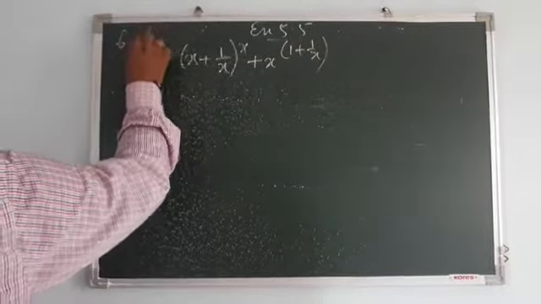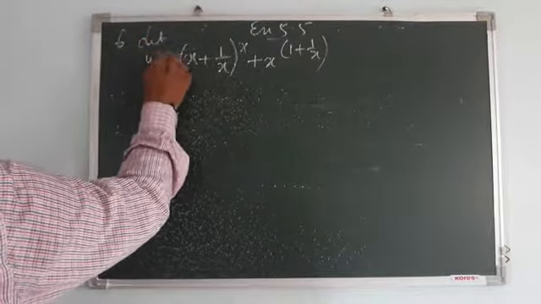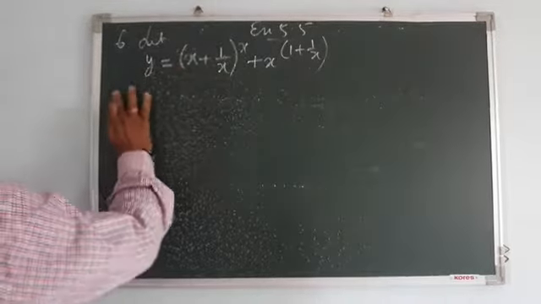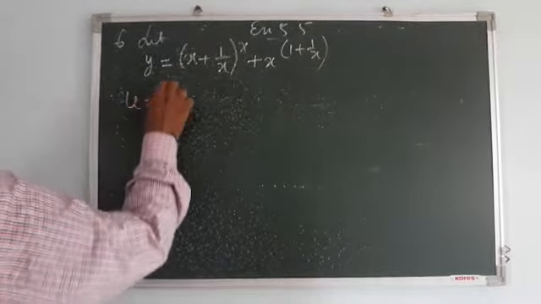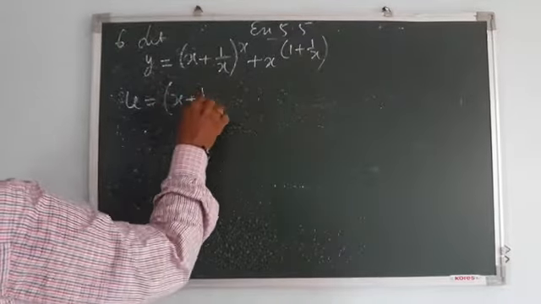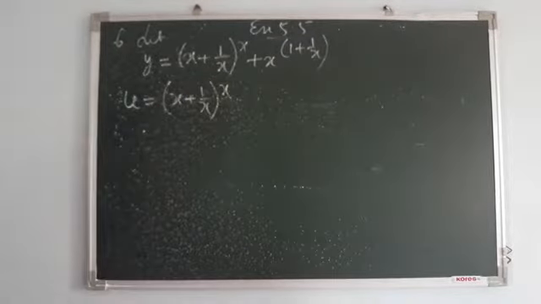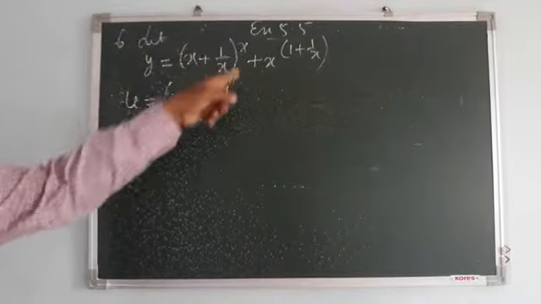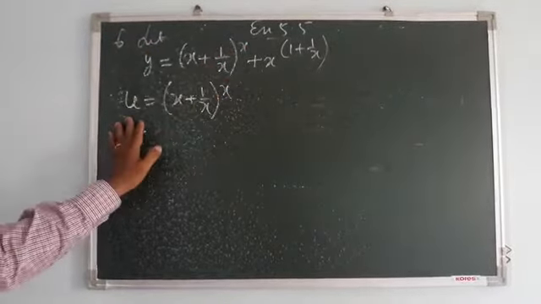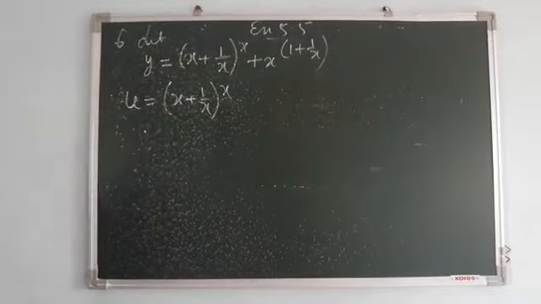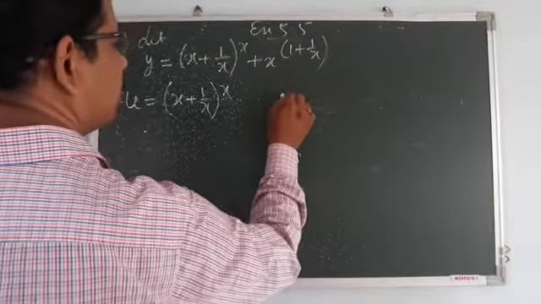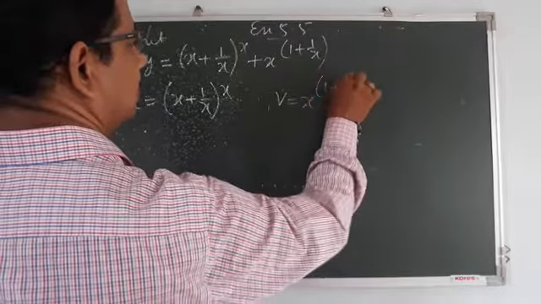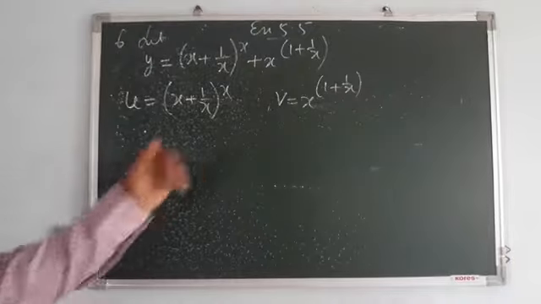So of course you take let y is equal to this one, and you take u is equal to x plus 1 by x whole thing to the power x. Why? Because it is a term in x, power is also x, both are variable, so you cannot simply differentiate, you have to introduce log. Here also you take v is equal to x to the power 1 by 1 plus x. It is the rule, you have to write like that.